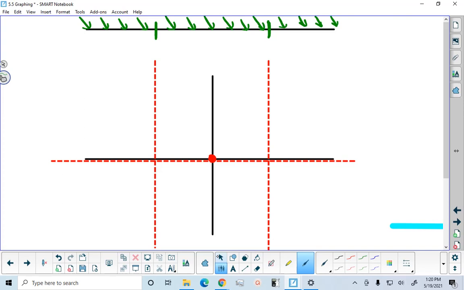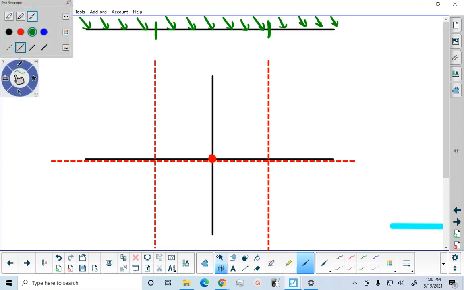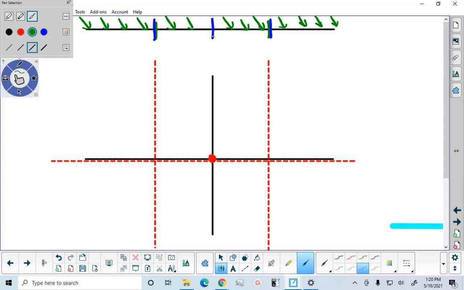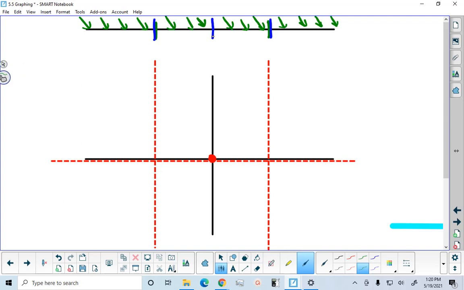Correct me if I'm wrong, but for the second derivative, we had critical values at -1, 0, and +1. For the second derivative, we had critical values at -1, 1, and 0.